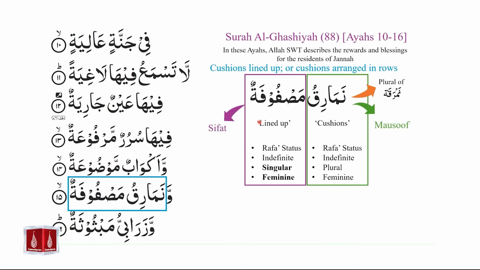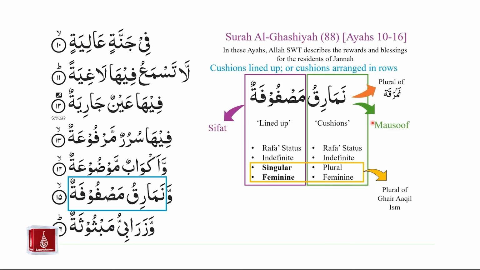Masfufatun is Rafa in status, it is indefinite in capacity, but it is singular and feminine. And it is singular and feminine because it is used as sifat for the plural of ghair aqil ism. Masfufatun is sifat. It describes the quality or attribute of namariqu, which is the Mosuf.